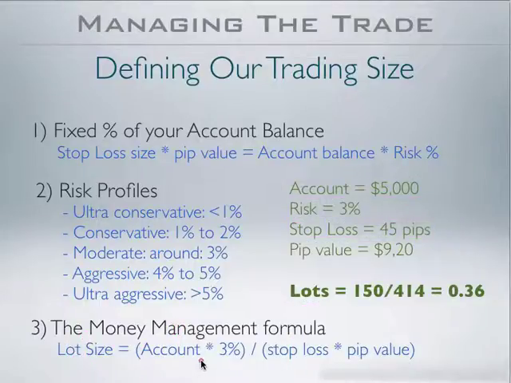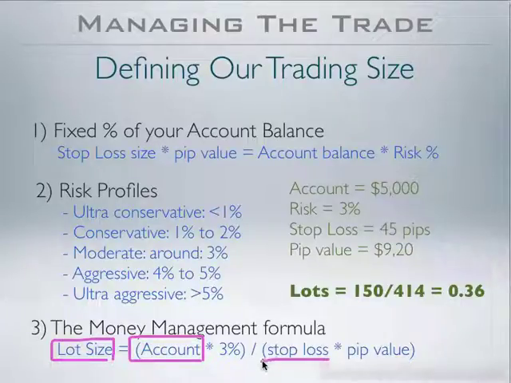The more funds we have on our account size, the more lots we are going to trade. But on the other hand, the larger the risk in pips, the more we need to cut down on our trading size in order to continue satisfying that 3%.